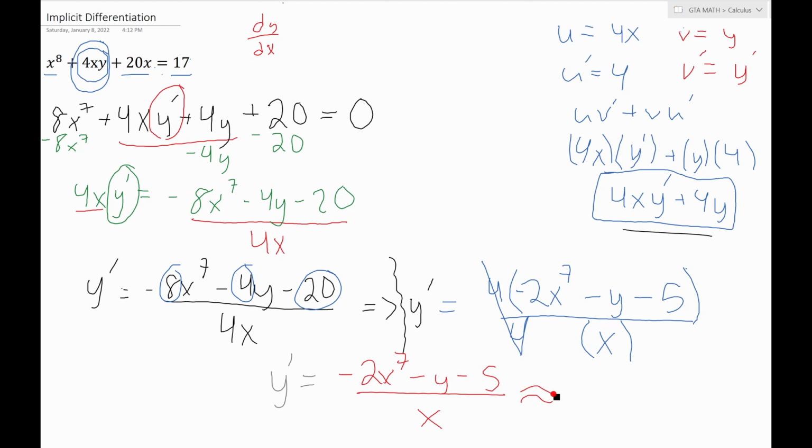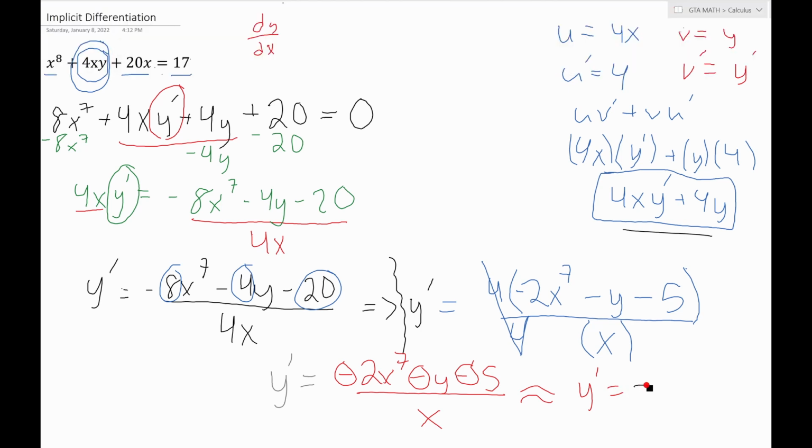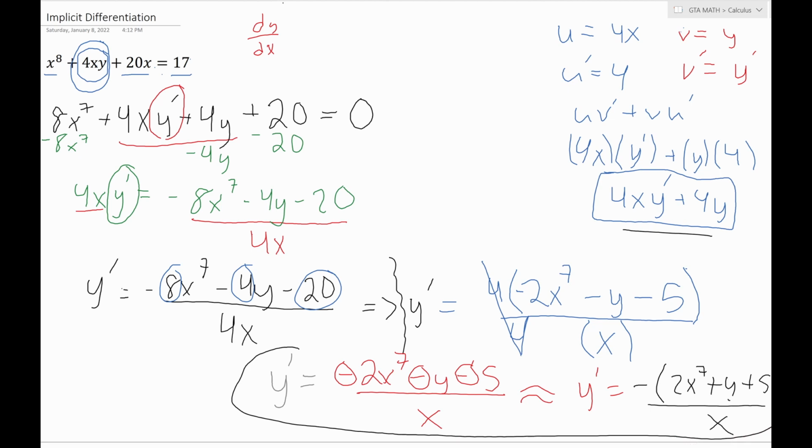You could also factor these negative signs out in the numerator, and you could end up with this. Depending on how your instructor or teacher wants it, you would end up with negative 2x to the 7 plus y plus 5 all over x. Either of these answers works, so it's up to you.